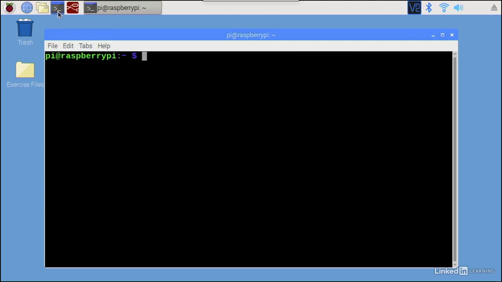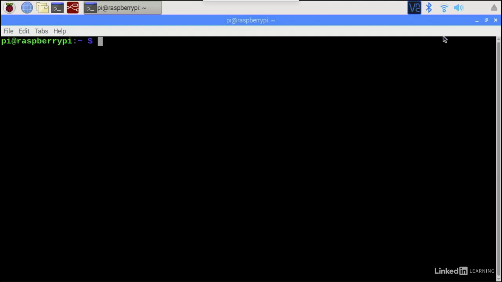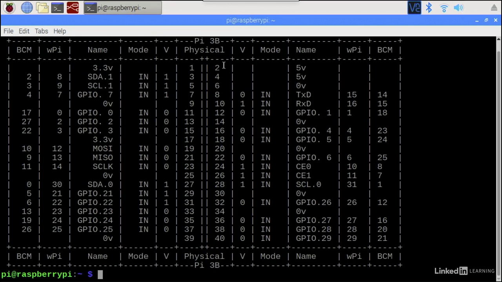Next is gpio readall. This is a command to be run in the terminal window. It produces a snapshot of the state of the GPIO. It's very similar to the LinkedIn Learning chart, but contains 3 additional pieces of information.